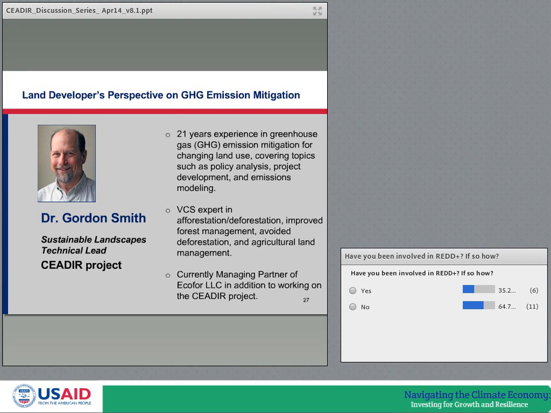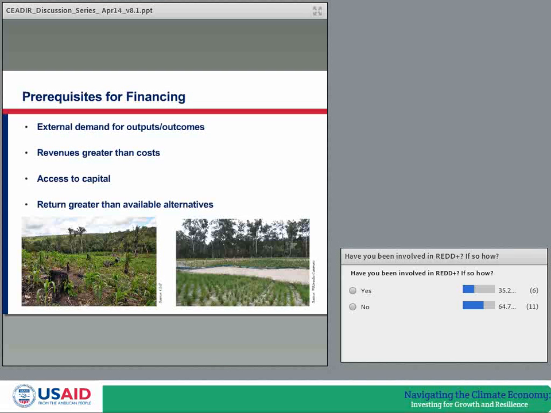So I'm going to move. We've had a lot about the macro, big picture, what's the global market. I'm going to talk about some of the micro things from the perspective of somebody who's putting their money on the line and going to try to do something for the most part. And I'm going to try to relate those to this macro stuff. And so we talked about the demand for the outcomes.